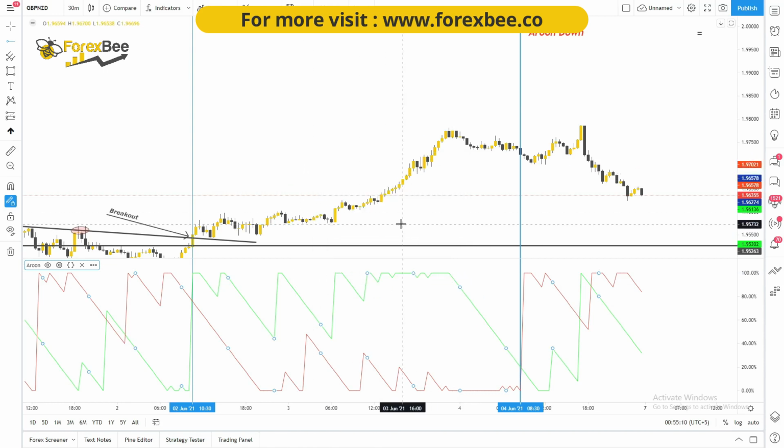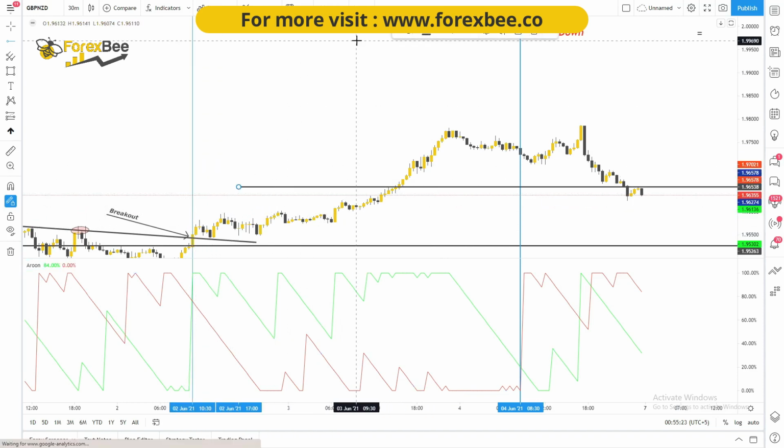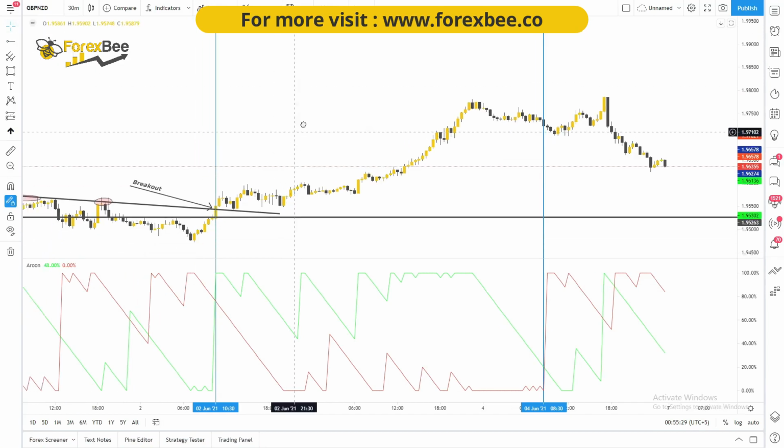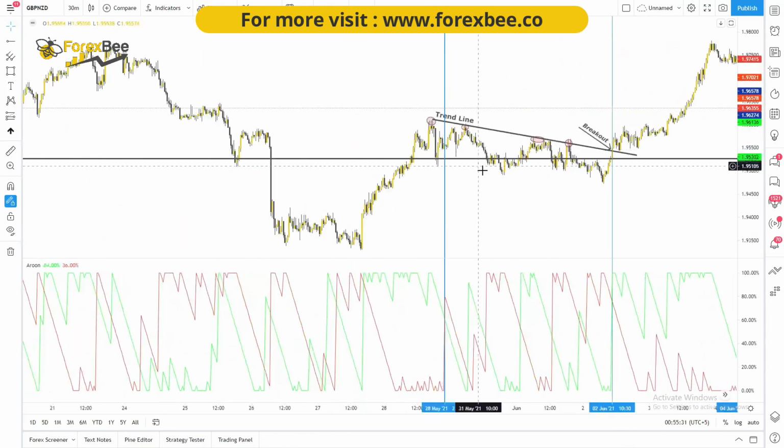So as I said earlier, the Aroon indicator can be used to detect the trend and the strength of the trend, and it can also be used to detect trend reversals. So what I'm going to do is, let me just remove this, and show that to you live on the chart here.